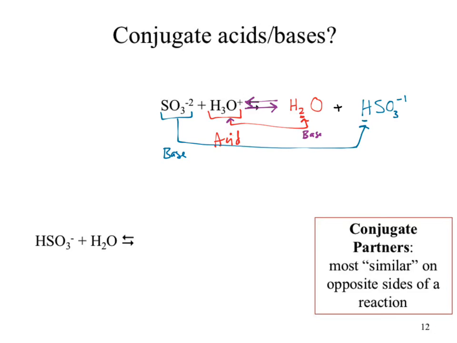What does the HSO3 minus have to do to run the reverse reaction? It has to act as an acid. It has to get rid of that hydrogen. Anybody see a problem potentially arising here? Since I don't hear any rapid answers, let me then ask a question for you. What species is the acid?